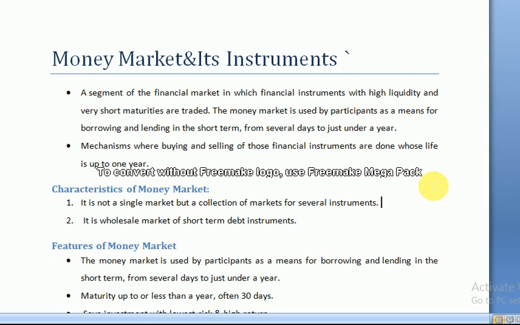The second one is safety. Because of their liquidity and the nature of the lender, money market instruments are much safer than many other types of security. For example, treasury bills are backed by the credit of the government which issues the T-bill.